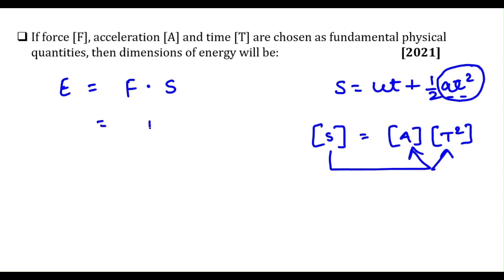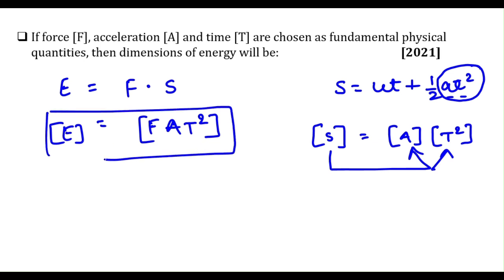So we can write here energy will be of dimension of force times A times T square. So this should be the dimensional formula for energy when we have chosen force, acceleration and time as fundamental physical quantities. Now moving to the next question.